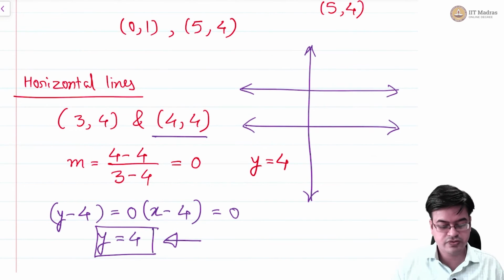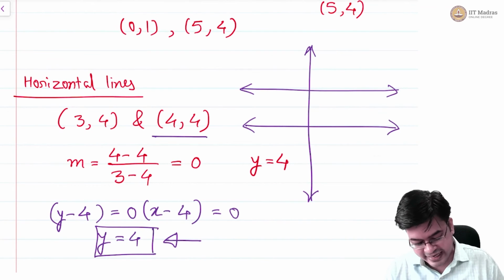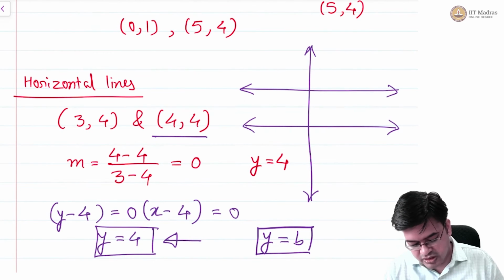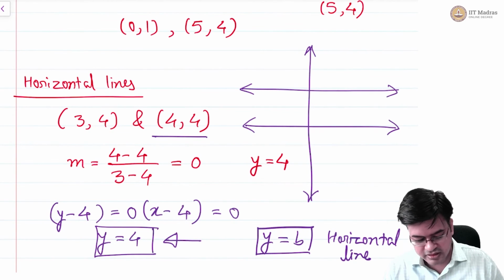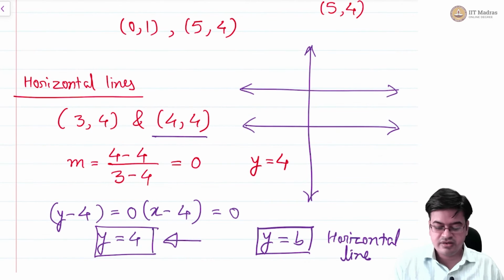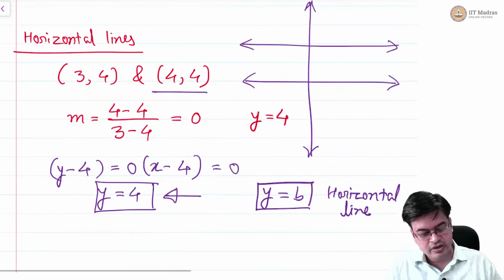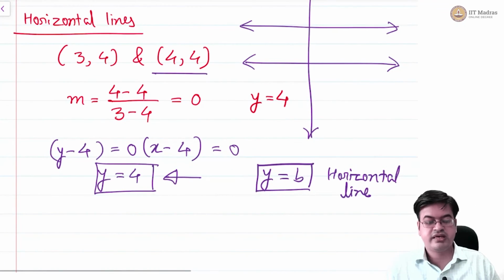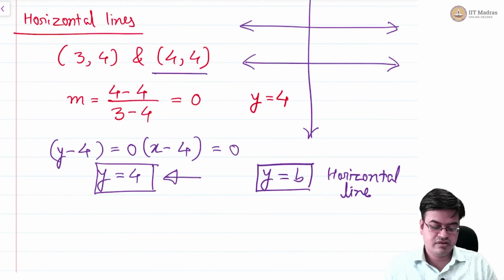So this distance is 4. So in particular, any line which is of the form y is equal to b is called a horizontal line, and this line will be parallel to the x axis. So this case is already covered in our non-vertical line example.